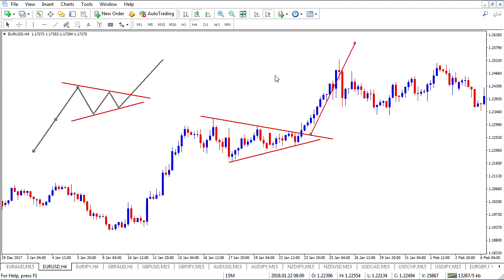So I prefer to trade a pennant formation the same way you would trade a symmetrical triangle, and that is measuring the distance of the widest part of the triangle, which gives us a really good target. So once we get a breakout of the symmetrical triangle or the pennant, I like to trade as far as the widest part of that formation goes.